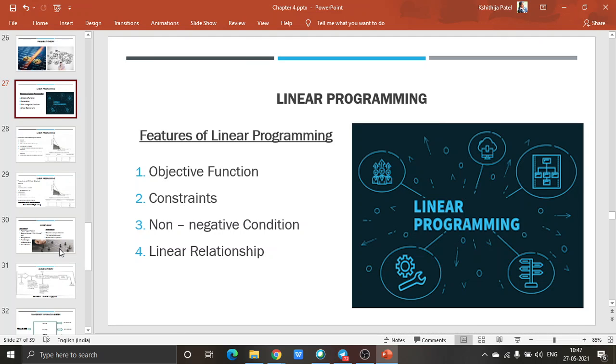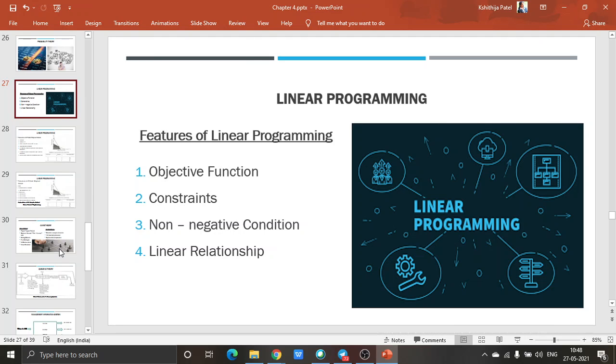Now, the problem that management faces is to decide a way in which these limited resources can be put to different uses. But it should always be seen that, not only different uses, there should be maximizing of the achievement of organizational objectives.